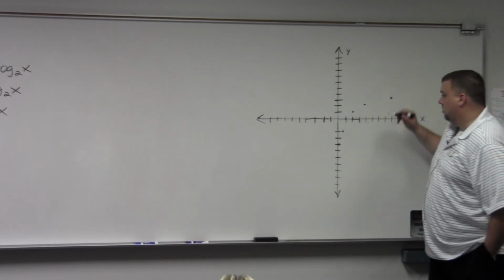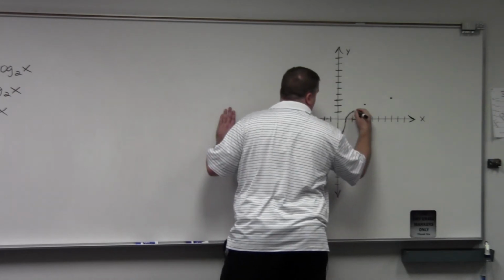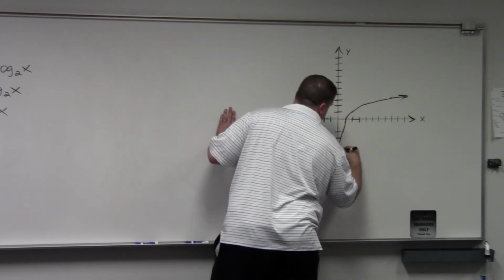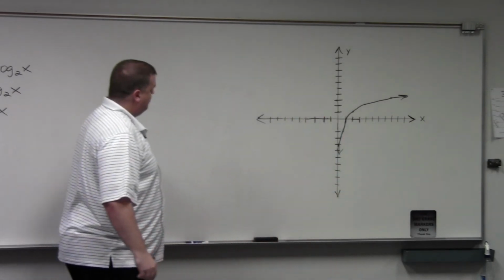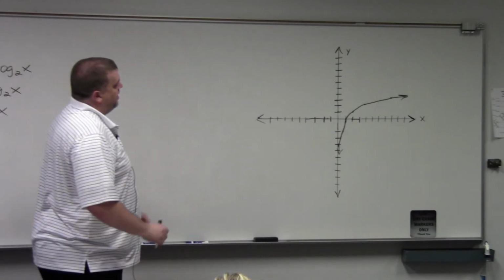Right. So we get that shape. Looks like an exponential, just going a different direction, right? Same basic shape, just transformed 90 degrees the other way.